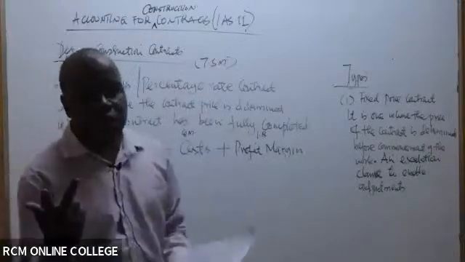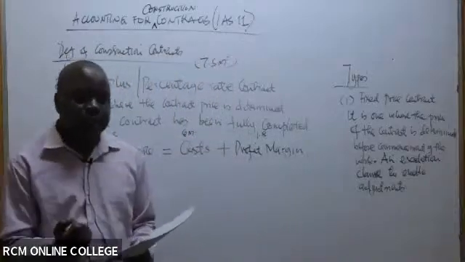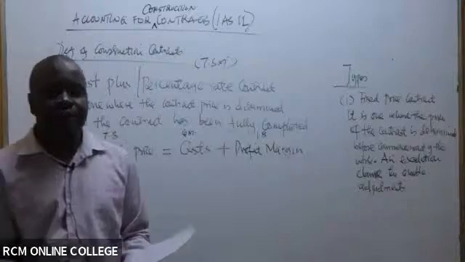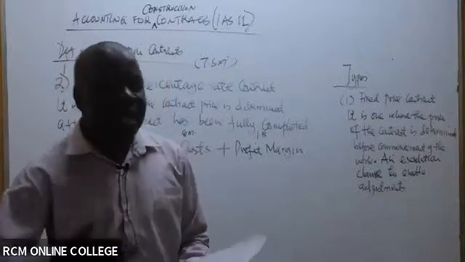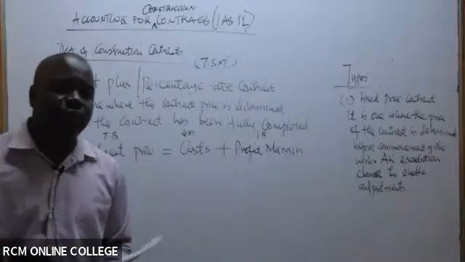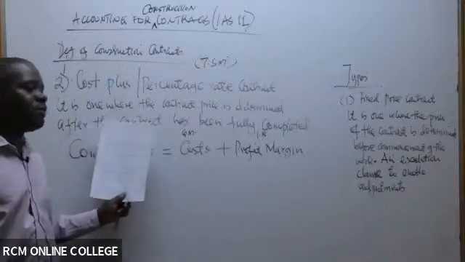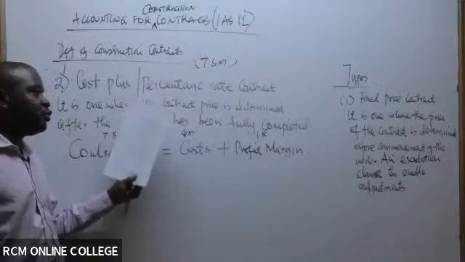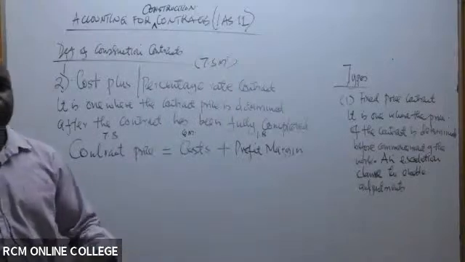You are looking to determine how much you've made as a profit as a contractor for each and every year. Number two, you are looking to know at the end of each year what work in progress you will be continuing with the coming year. Because, for example, the contract may be 5 years. So in the first year, you want to know how much have I made as a contractor in terms of profit?